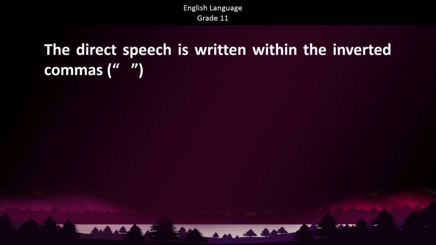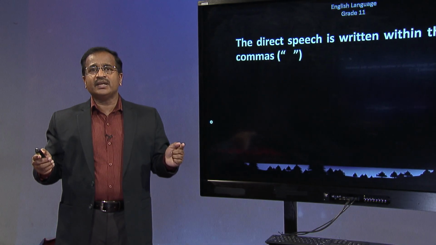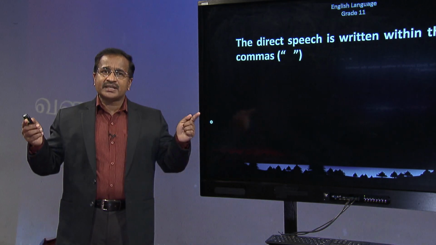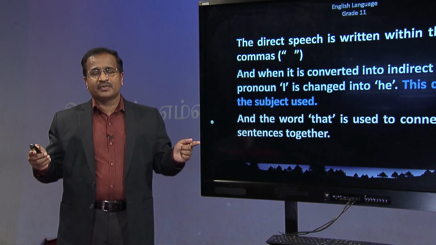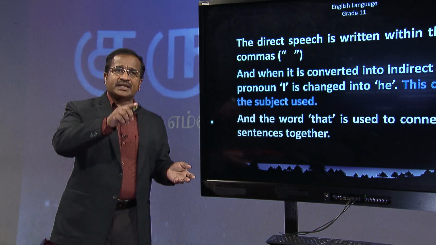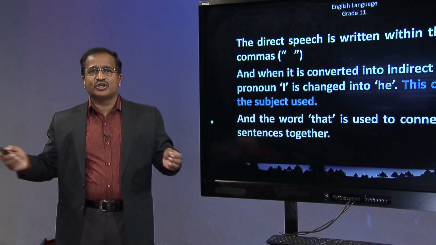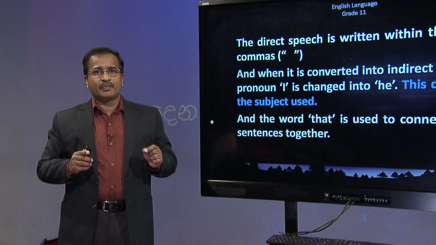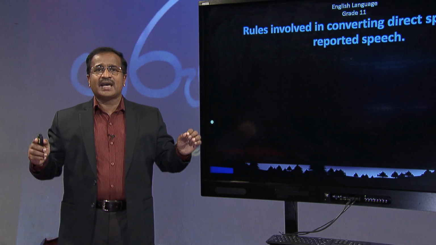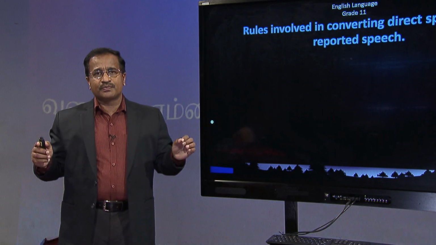Direct speech can be easily identified because it is written within inverted commas, and the subject has to be changed. When you convert a direct speech sentence into indirect speech, the subject has to be changed, right. Let us have a look at some examples and the next set of rules, right.